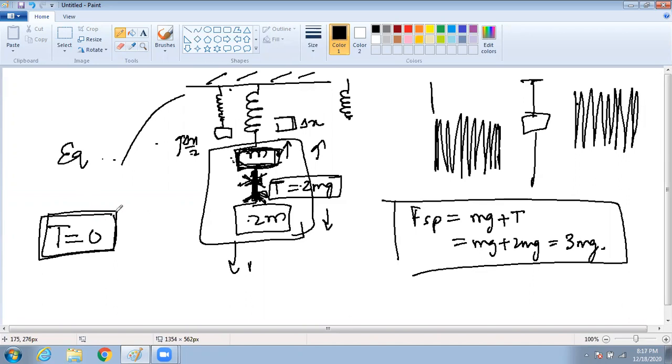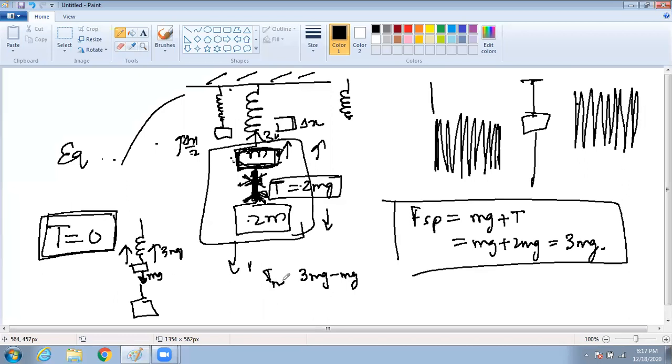Now, we are talking about acceleration. Now, this got cut. Yes or no? Now, your F_sp is 3 mg. So now imagine here, it got cut and the lower mass falls down. Now your F_sp is 3 mg and the weight is mg downwards. So what is the net force? Is it upward or not? Yes, sir. So the net force is 3 mg minus mg.